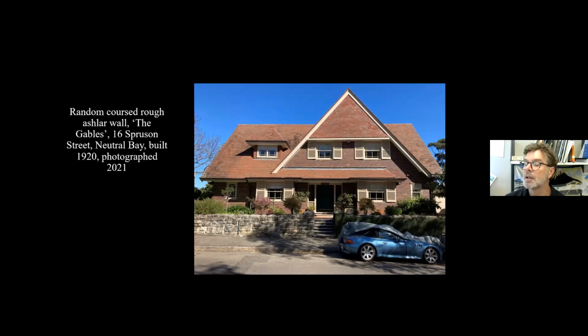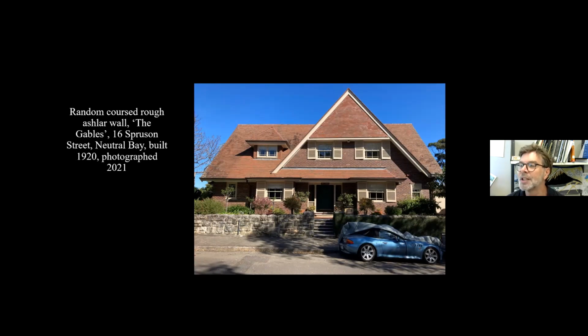This is BJ Waterhouse's house. This is in fact his own house, the house he built for himself, the gables. And you can see he was a particularly prominent local exponent of that arts and crafts style. These huge roof planes come straight from CFA Voysey, who was one of the prominent English exponents of the style.